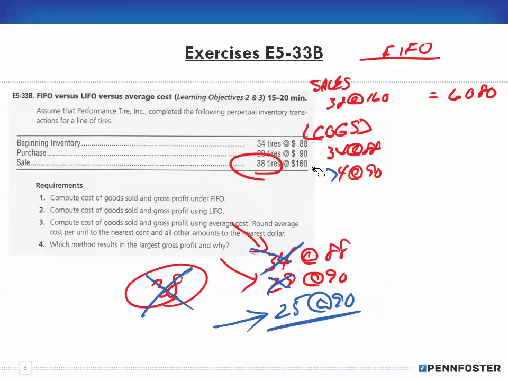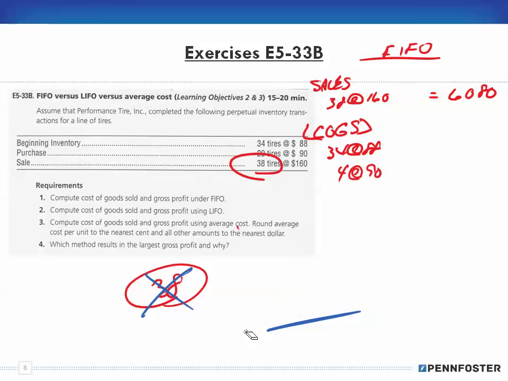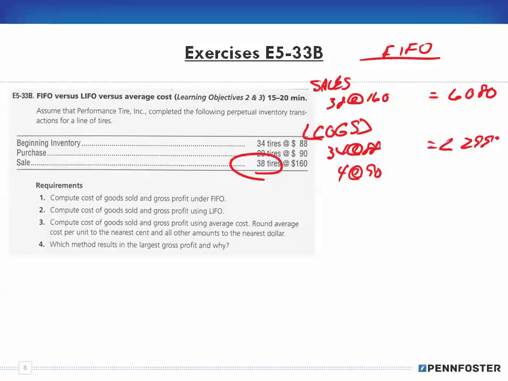So 34 times 88 is 2,992. And 4 at 90 is 360, so plus 360.